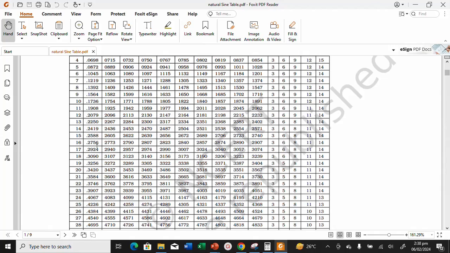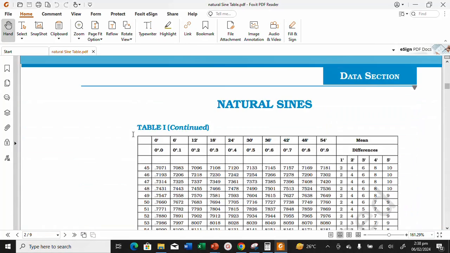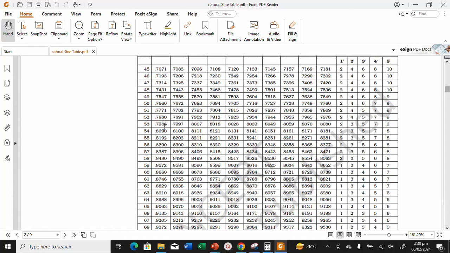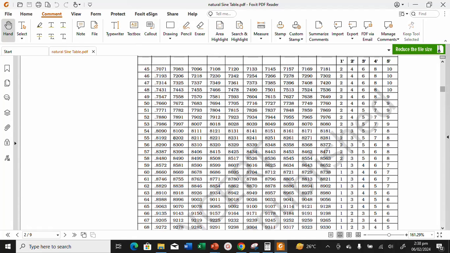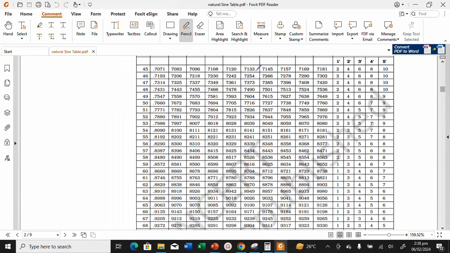So now let's go to the table. On the sine table, we look for 0.8. This 0.8 is supposed to be here.